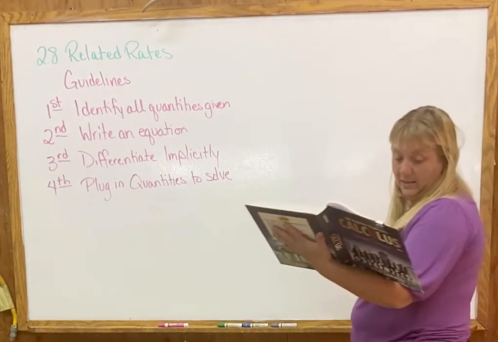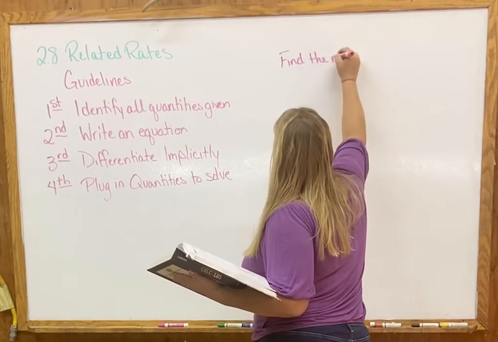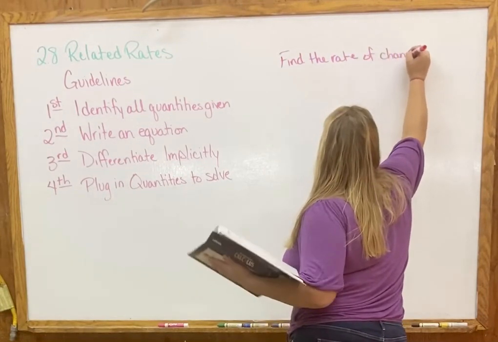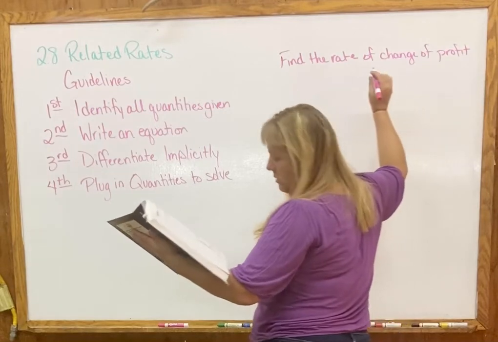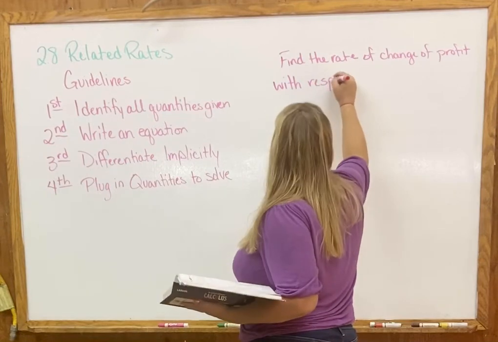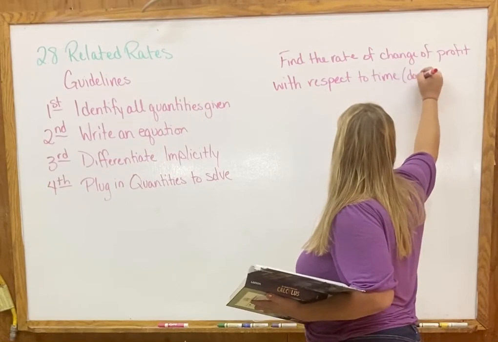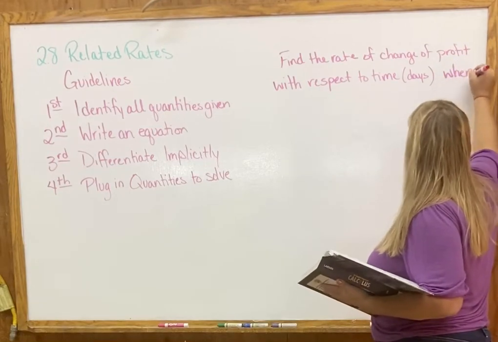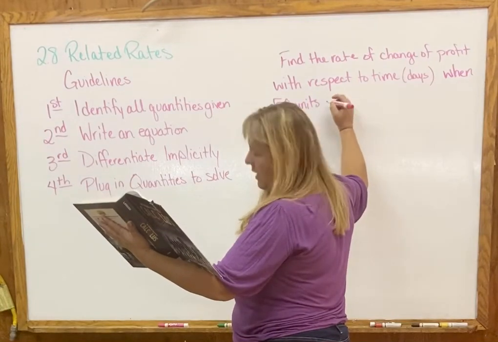Okay, so this one says, find the rate of change of profit with respect to time, and they tell us that the time is in days, when 50 units have been sold.